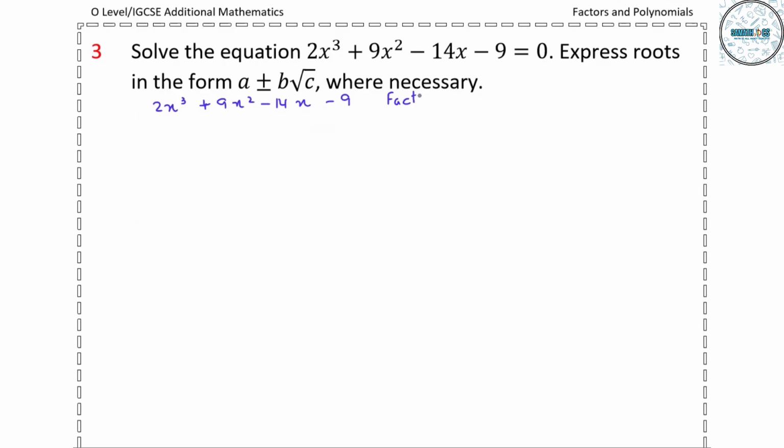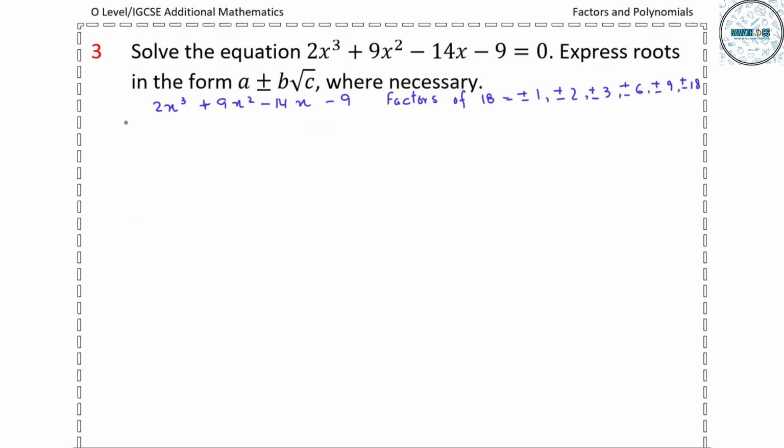We will consider factors of 18. So factors of 18 here are plus minus 1, plus minus 2, plus minus 3, plus minus 6, plus minus 9, and plus minus 18.